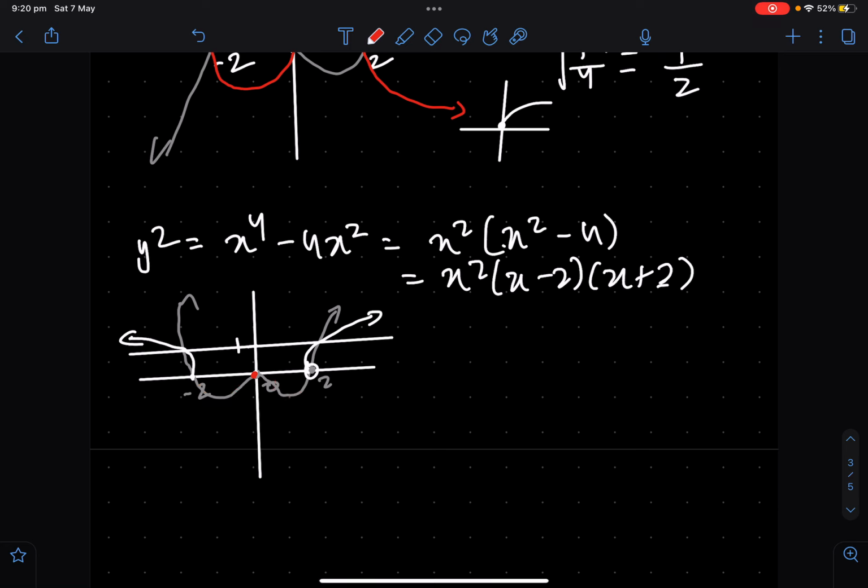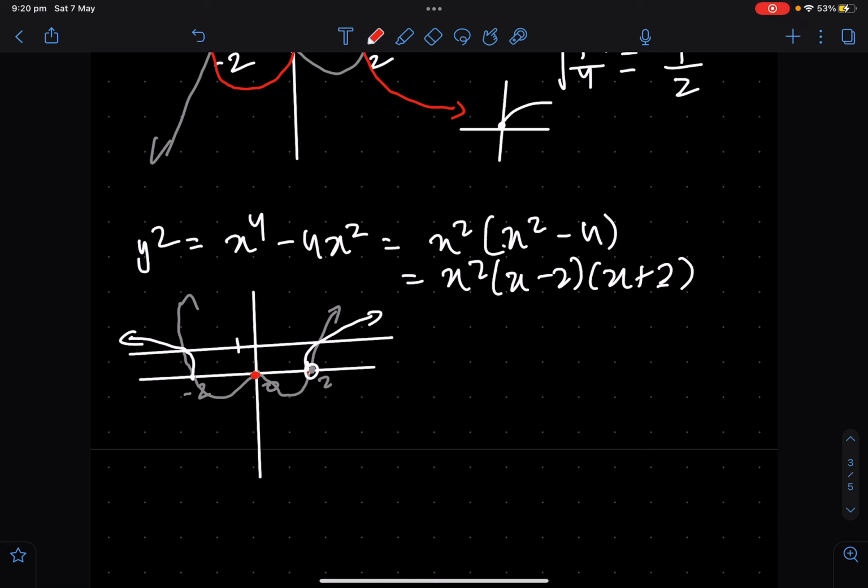And that is what we have to notice at this point here. This is a single point that makes the y value 0, and that is able to be square rooted. So this is a point that will exist in our function, only one point, where it will be non-continuous. That's what we have to make sure of.